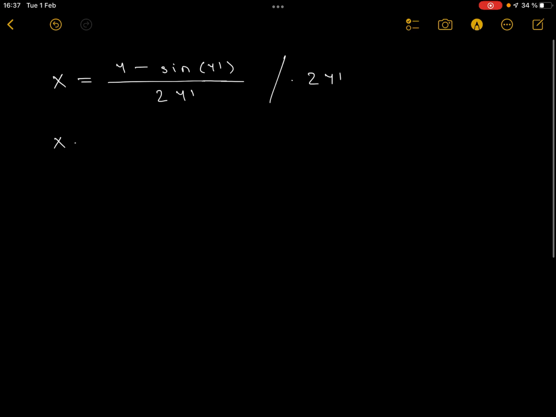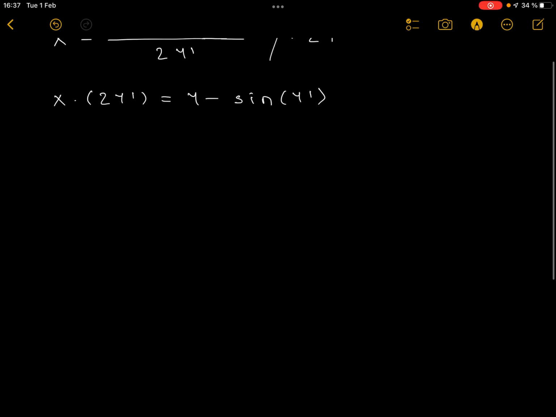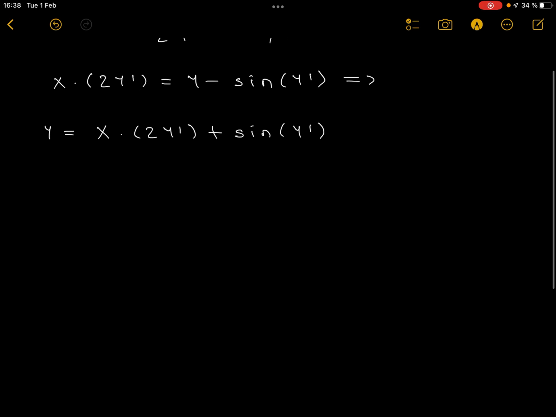So x times 2y prime is equal to y minus the sine of y prime. Or in other words, y is equal to x times 2y prime plus sine of y prime.